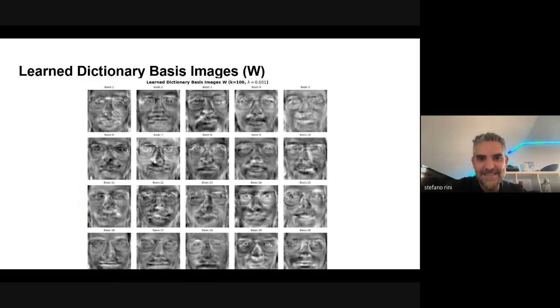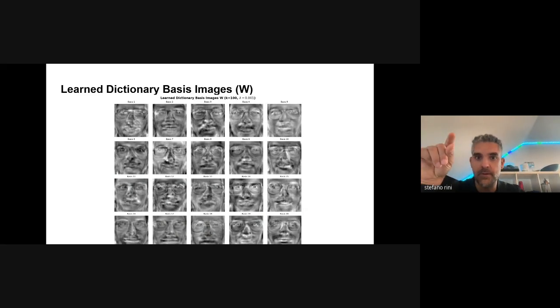So the thing is that the bases, in this case, are not constrained to be positive and negative. Okay, so I want to say this: the pixels of the images are between 0 and 255, right? But the bases that you have here are both positive and negative. So when you see these bases, the gray color is the 0 entry, the white is the positive, and the black is the negative, right? So you see that the different faces are adding glasses, for example.